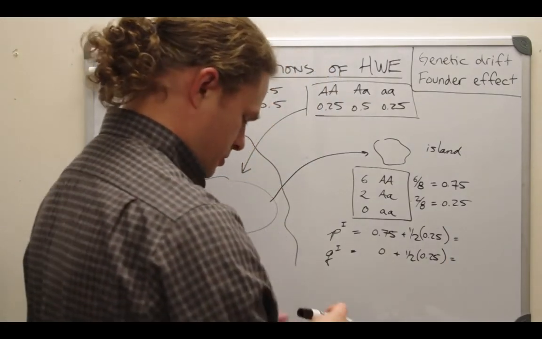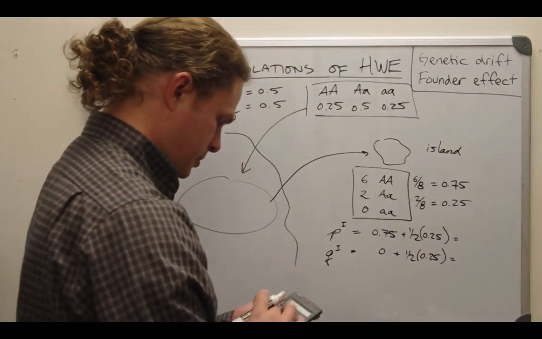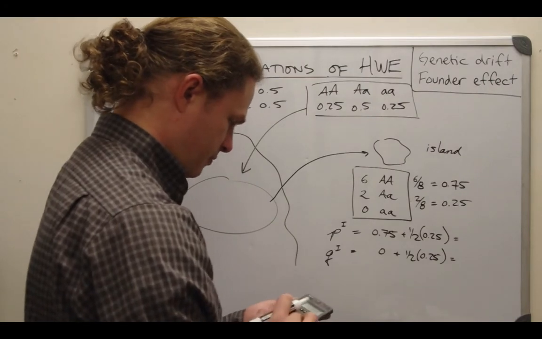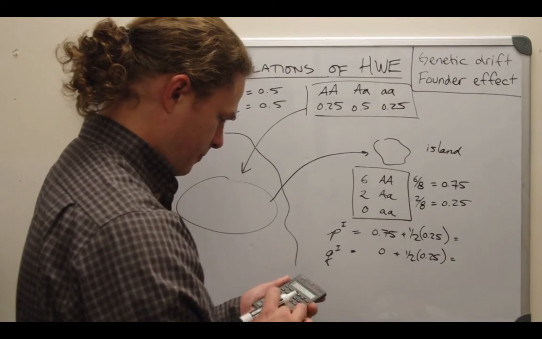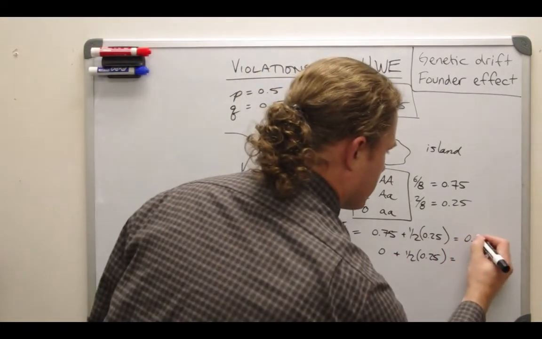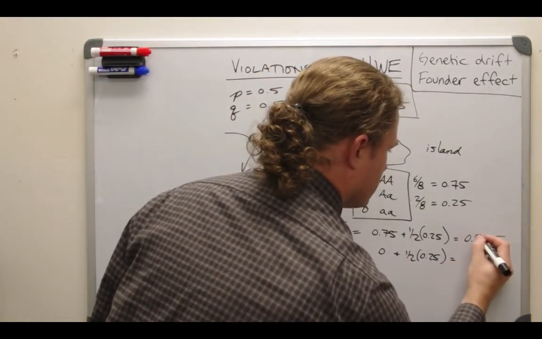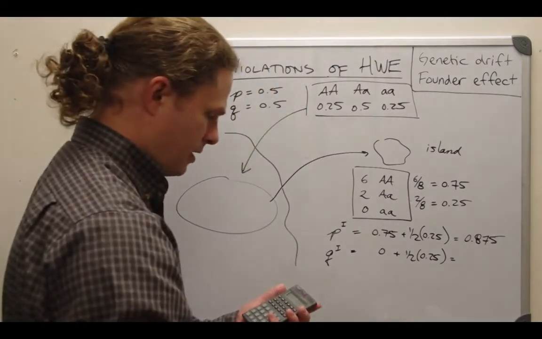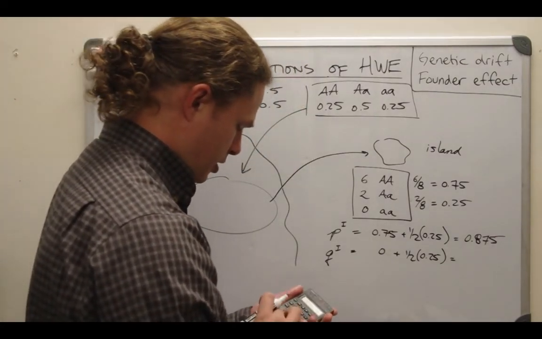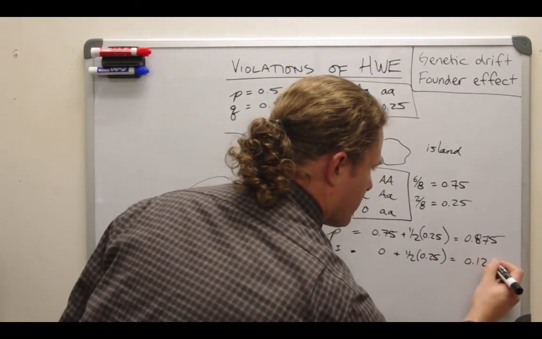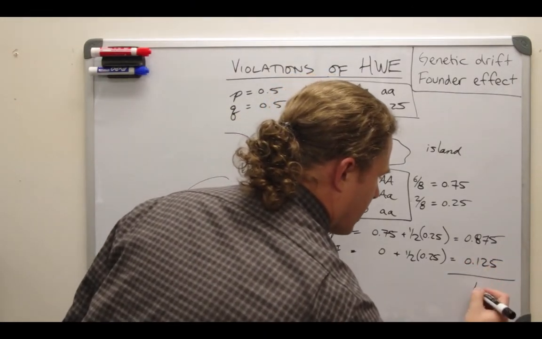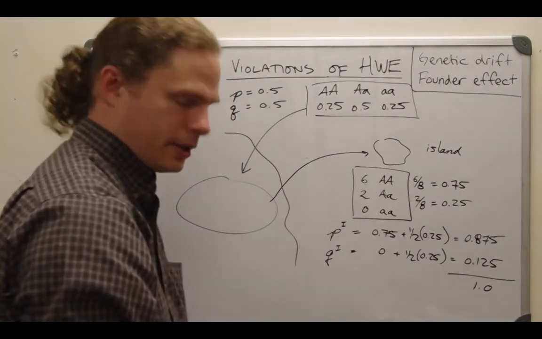Okay, so let's just crunch those numbers. So 0.25 times 0.5 is 0.125 plus 0.75. So this is 0.875 for the new P value on the island. And then the Q value is simply 0.125, half of 0.25. And again, as a check, those should add up to 1.